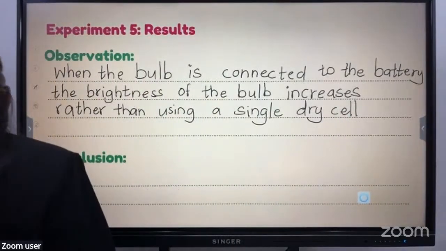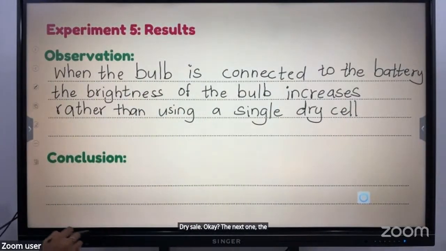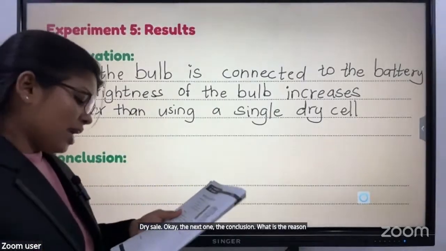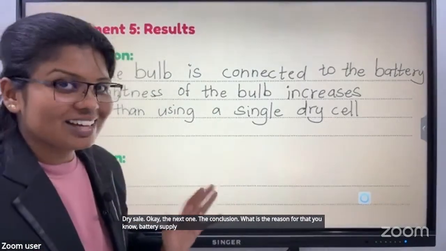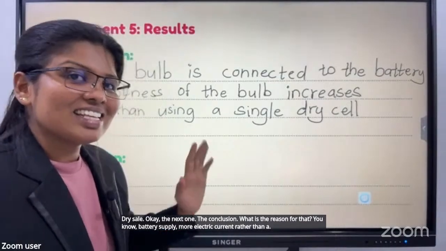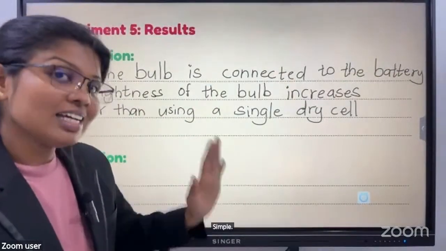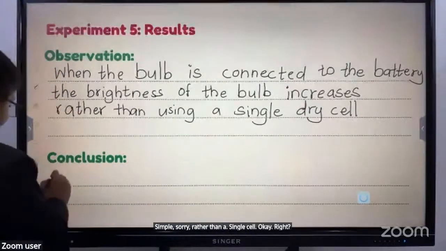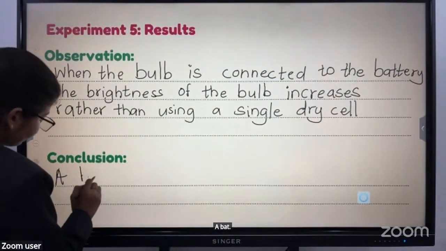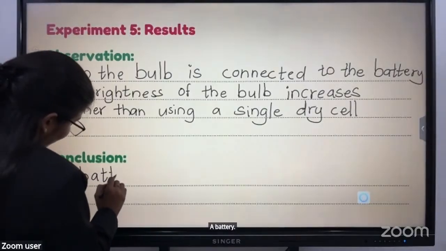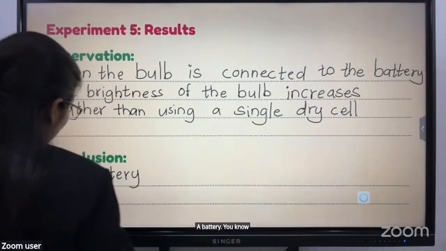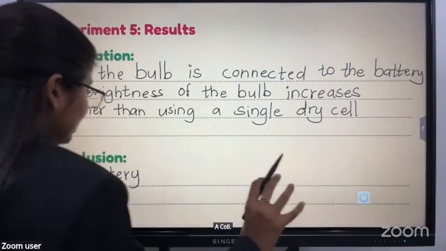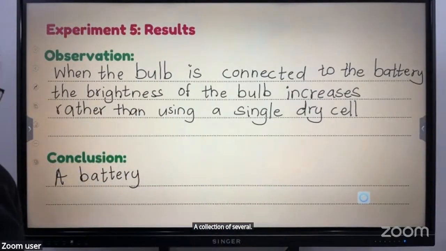Okay, the next one, the conclusion. What is the reason for that? You know, a battery supplies more electric current rather than a single cell. Okay, right. A battery, you know, a battery is a collection of several dry cells or cells.